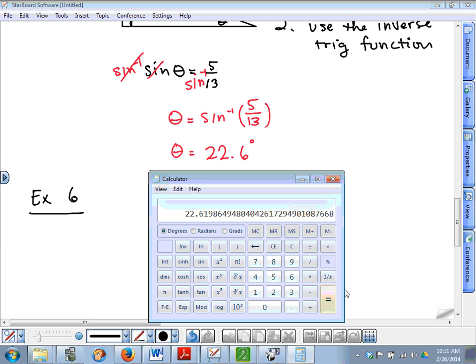Oh, okay. There you go, 22.6. You have to do the division first and then hit inverse sine. It's a little backwards. But even your Windows calculator can do it.